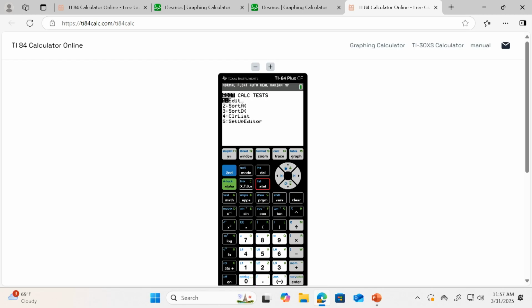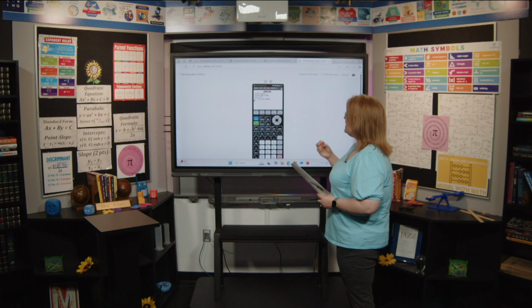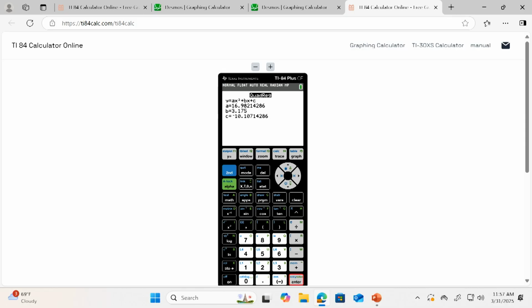I hit that Stat button again, scroll right to calculate, go down to number 5, press enter until I get to calculate, and there I have it. I got 16.98, so if we approximate, let's say 16.98. My B equaled 3.175, so let's say that is 3.18.